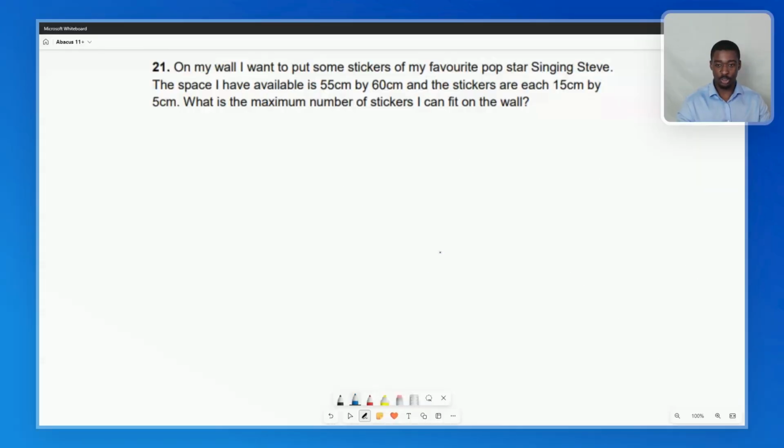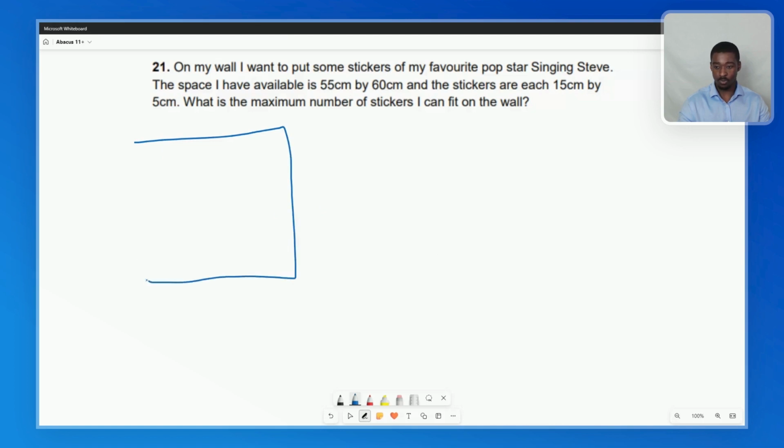Okay, for this next question, again, we have a few steps. So let's take it methodically, step by step. On my wall, I want to put some stickers of my favorite pop star, Singing Steve. The space I have available is 55 centimeters by 60 centimeters. So let's visualize this.